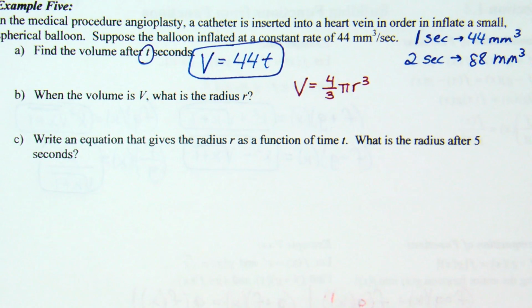Okay. Let's just deal with the 4/3 for a moment, or we could take the pi with it. But instead of dividing by 4/3, multiply by 3/4, which is the reciprocal.